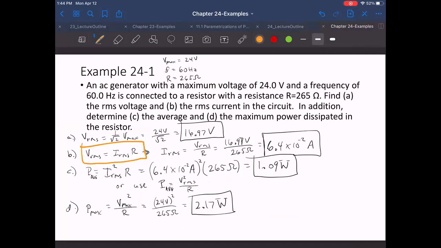I could have also used P average equals V_RMS squared over R. Either one of those would have worked since I have both those things. Then over here, I said P max equals V squared max over R, since I have V max, and I went ahead and just plugged that in. I could have used the other one that was the 1/2 I max squared R, but I went with that. You had a few options there. And so these are the results you get. Any questions on that one?